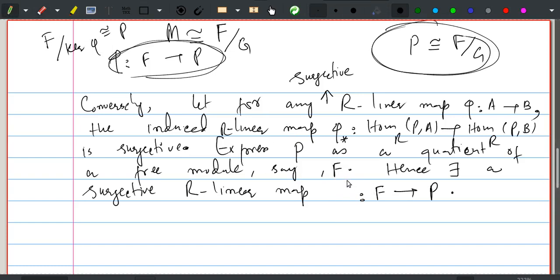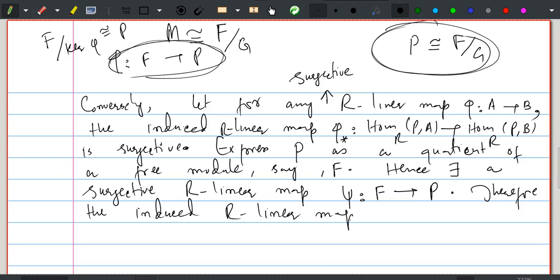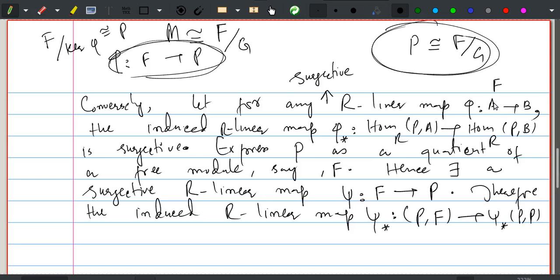Therefore the induced R-linear map psi star from Hom(P, F) to Hom(P, P), so in place of A we have F, in place of B we have P. Now when we apply this assertion to this psi, we get that this induced R-linear map is surjective.